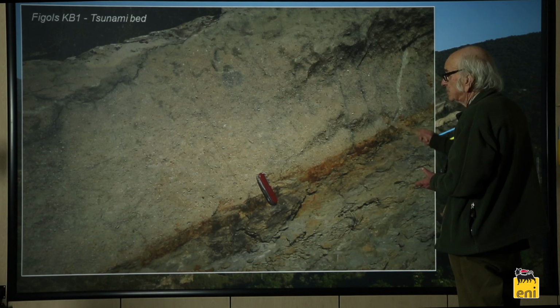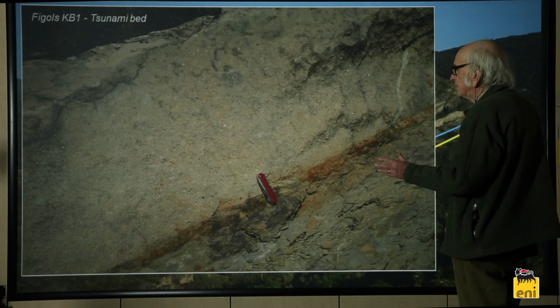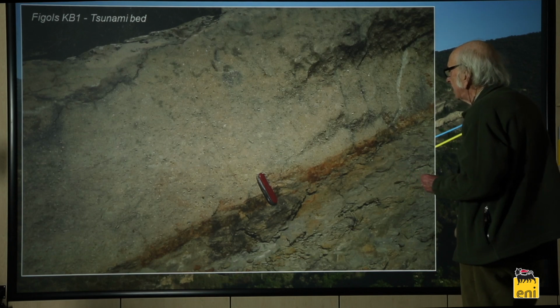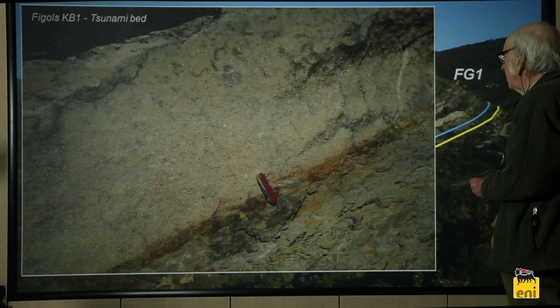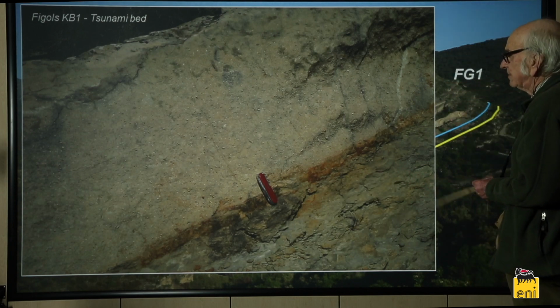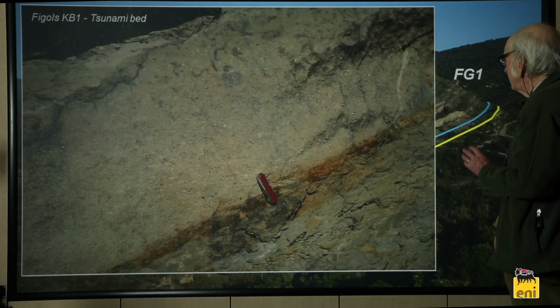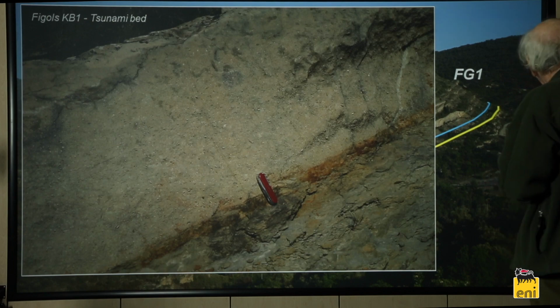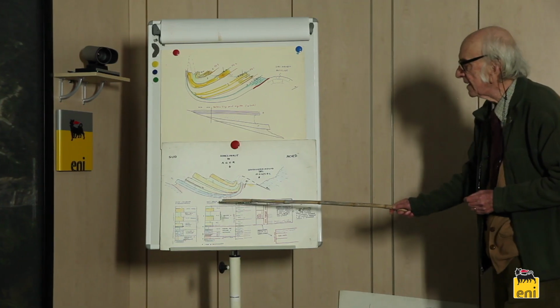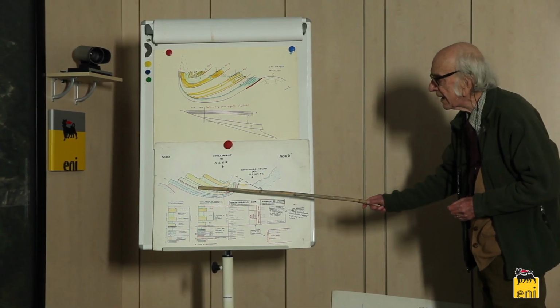And I believe that these tsunamis are probably related to the onset of some megaturbidites in the basin more eastward. Anyway, this bed is very interesting and is very useful for local detailed correlation. The key bed is the one which is in black here.